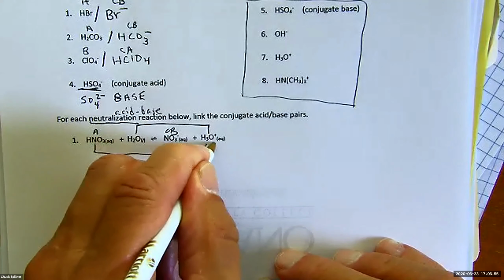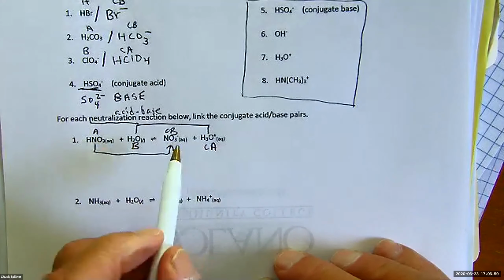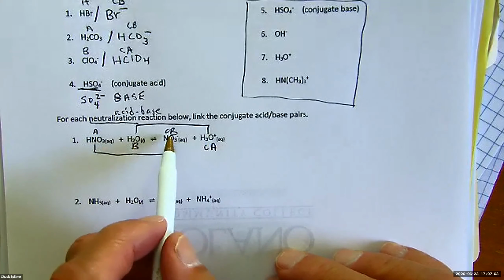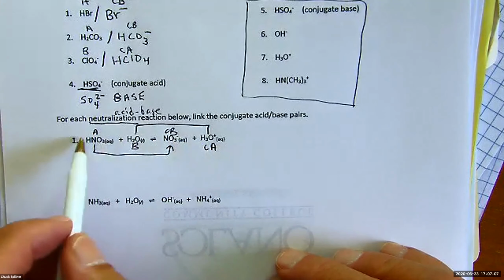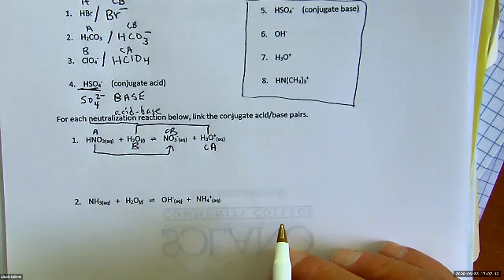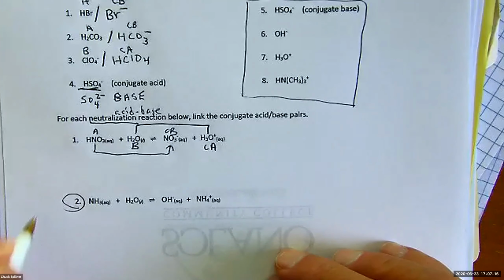This would be the conjugate acid, and this is the base. So remember, we label the species on the product side as the conjugates, and the species on the reacting side as either an acid or a base. I'll leave the second one for you to do, all right? That's the one for you.